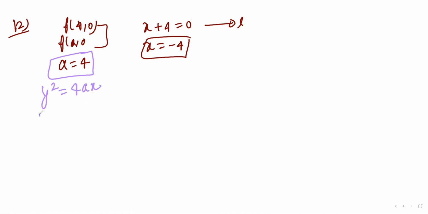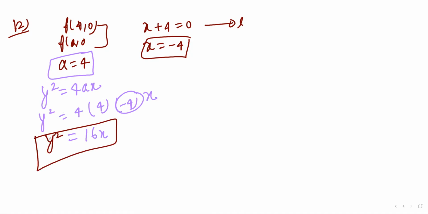Here a we know is 4, so the answer is y square equal to 16x. So this is the equation of the parabola. So write this, then we'll solve the next one.